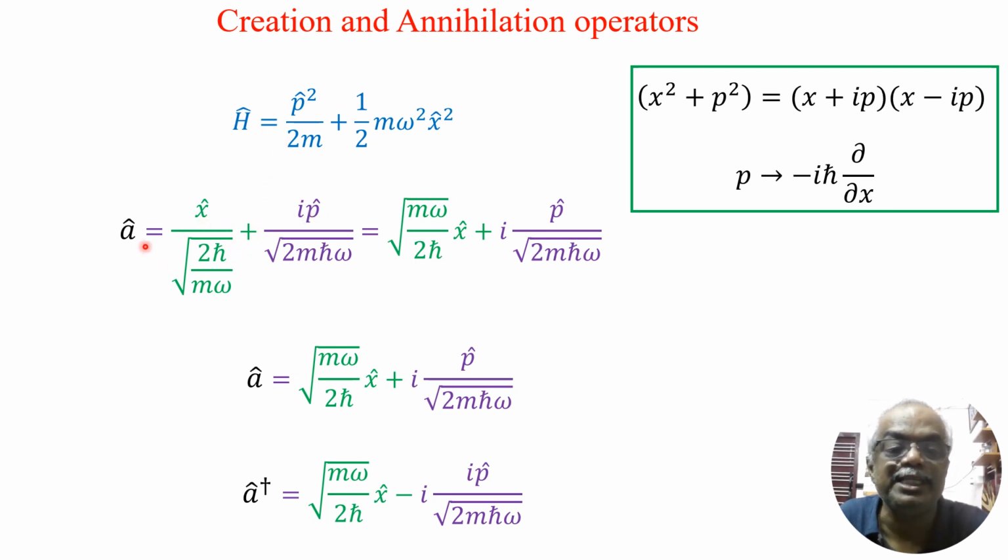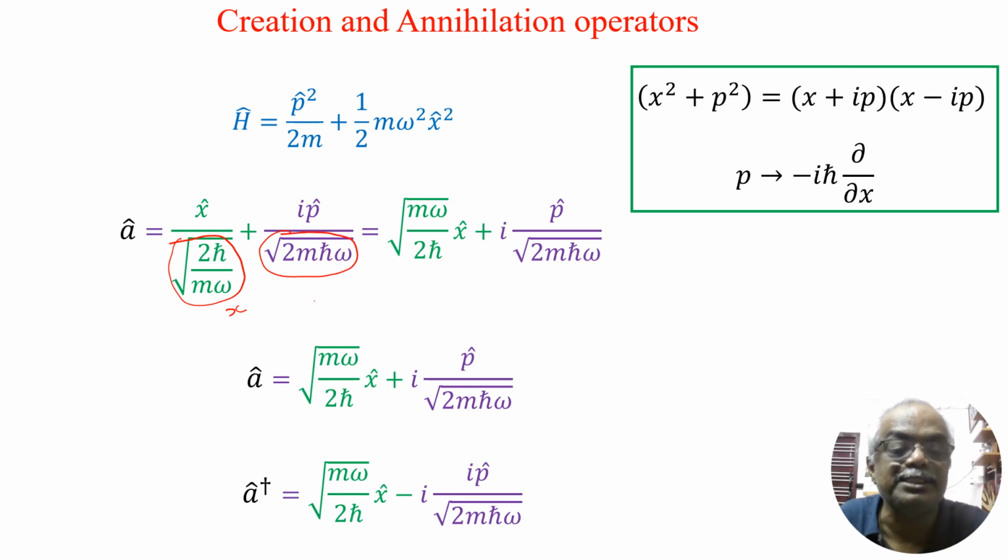Here you can see the annihilation operator has x divided by the square root of 2h cross over m omega. See here, the dimension of this denominator is x, so the first term has no dimension, and similarly this denominator has the dimension of momentum.